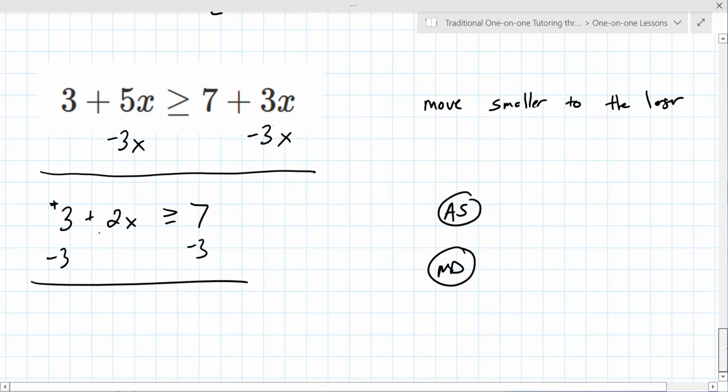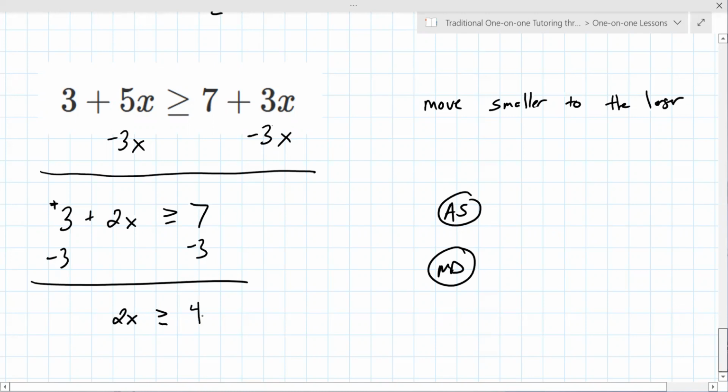Just from the 7. You're not subtracting from the 2x. Okay. 7 minus 3 is 4.